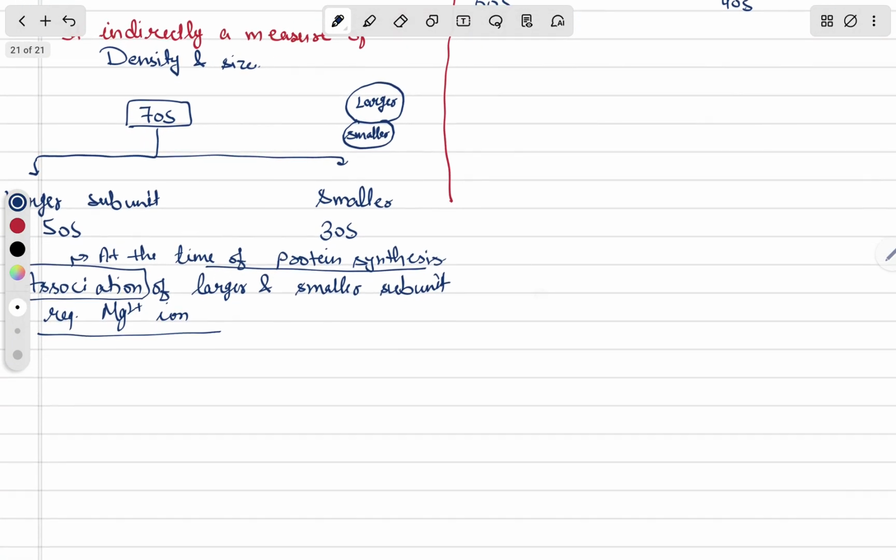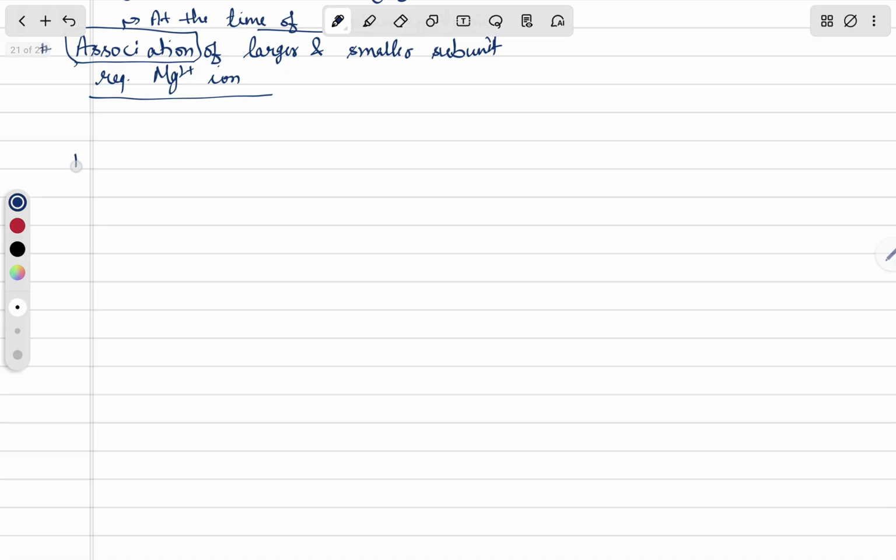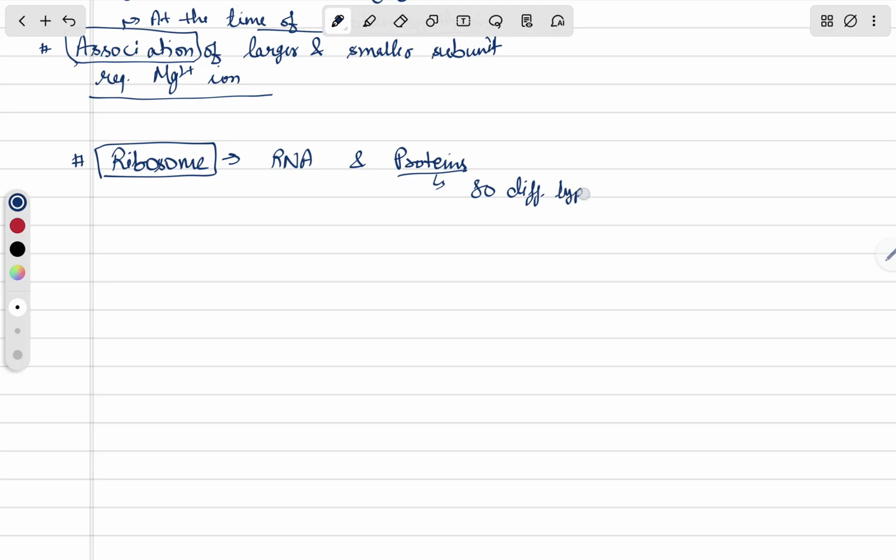Now, since we have talked about it, ribosome is made up of RNA, which is ribonucleic acid, and proteins, right? So 80 different types of proteins are involved in ribosome formation.